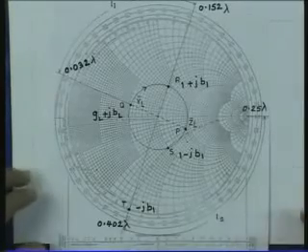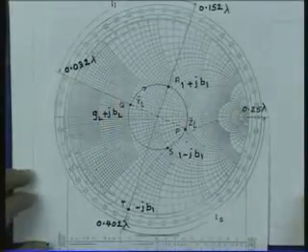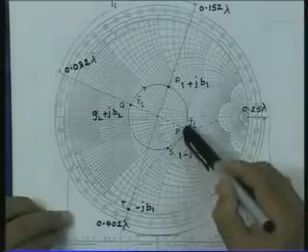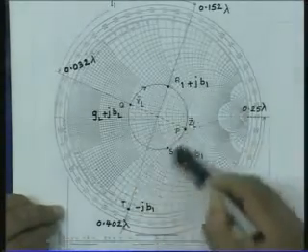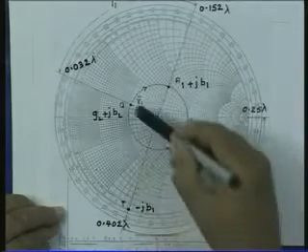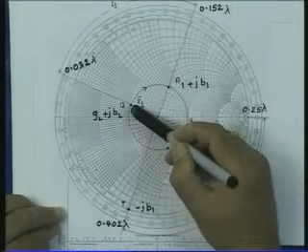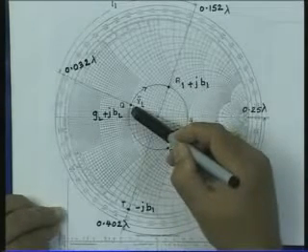Now, since we want to do the further calculations in admittances, first we convert this impedance to admittance. And as we have seen earlier, if I take a diagonally opposite point of ZL bar on this constant VSWR circle, then I get the normalized admittance at that location.